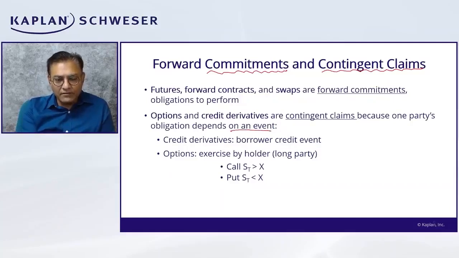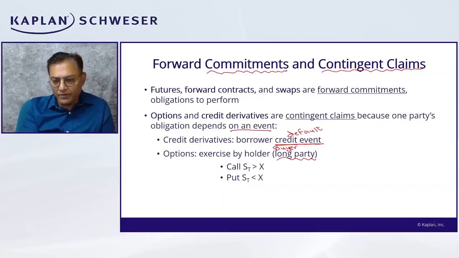In the case of credit derivatives, there is a credit event occurring, and typically that event is called a default. When default occurs, that's when the satisfaction of the derivative comes into play. In the case of an option, the holder of the option, the long party, the buyer, so the long is the same as buyer, has a right to exercise the option, and that right is going to be exercised only if it is beneficial to the buyer.